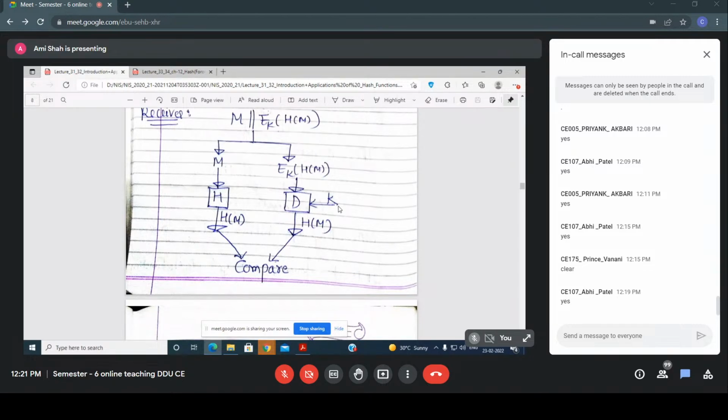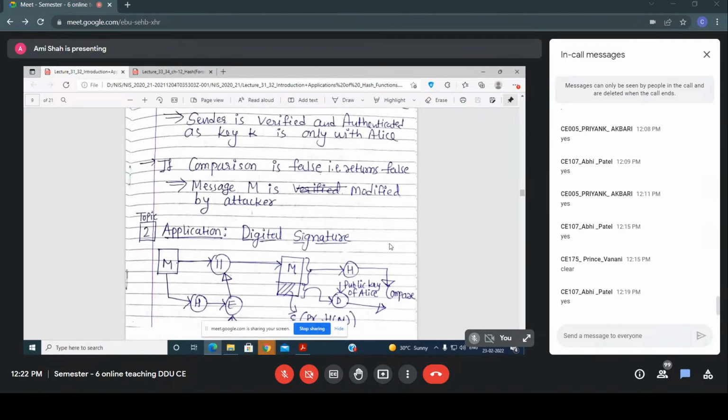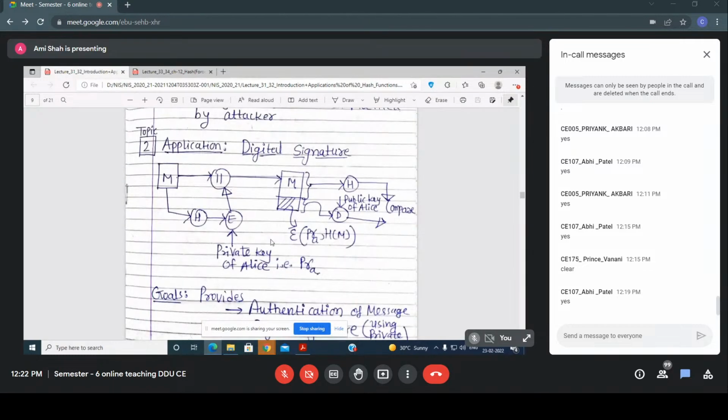In this way Bob maliciously cheats Alice. So to prevent this type of attack, a new concept is introduced, known as digital signature. Today I will give you a basic idea, and in the next class I will explain digital signature in detail.